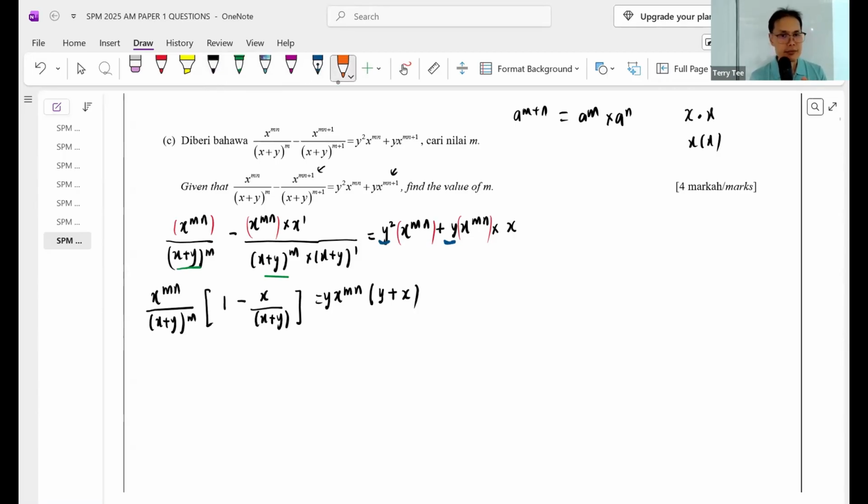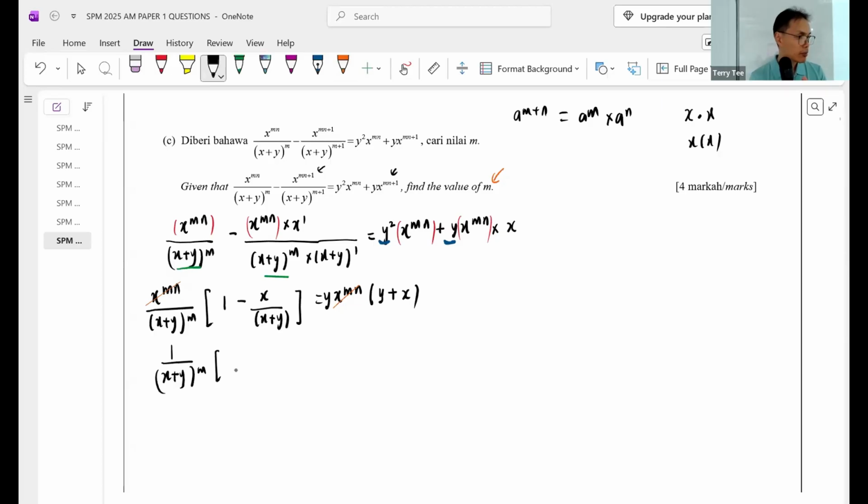First, maybe I cancel one thing first. I cancel this. Our goal is to find what? My goal is to find m. M is the power for this bracket. So I take out the x power mn first. At the same time, we want to simplify this bracket. How do you simplify this bracket?